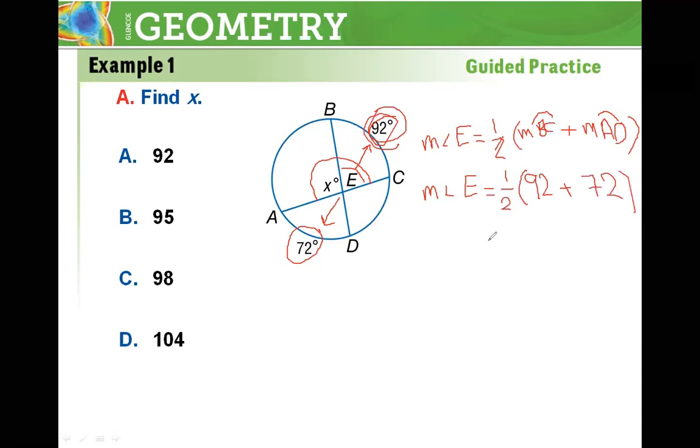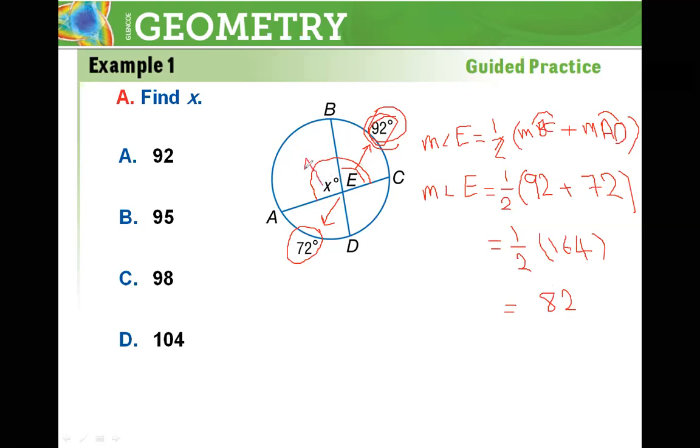Complete: equal to half multiplied by 72 plus 92, which is 164. Half of 164 equals 82. This is the measure of angle E.